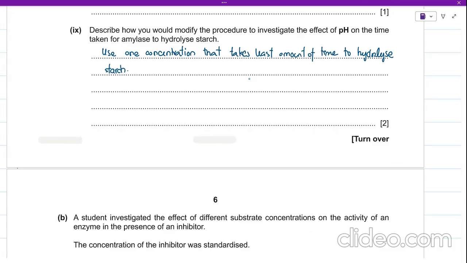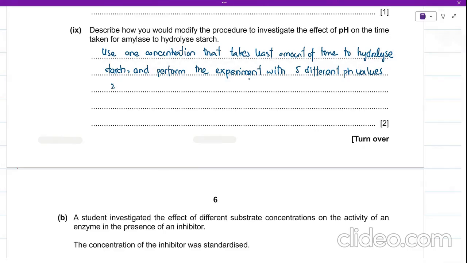And then we will perform the experiment with 5 different pH values. So we have chosen the optimum concentration, and then we are using 5 different pH values. Also provide the numerical values.